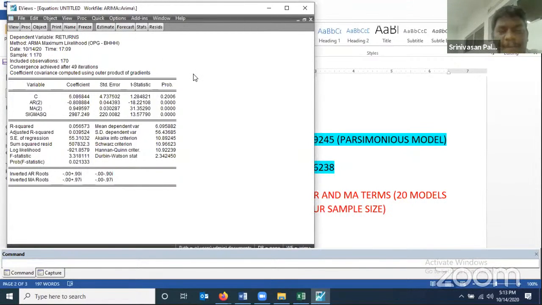Anyhow, now go to forecast. How many observations are here? 170. You have to do some exercise before that.